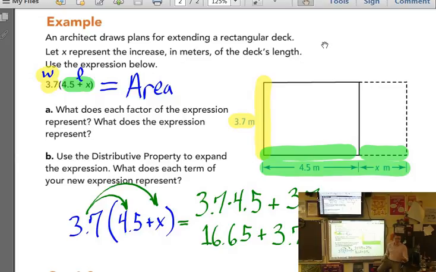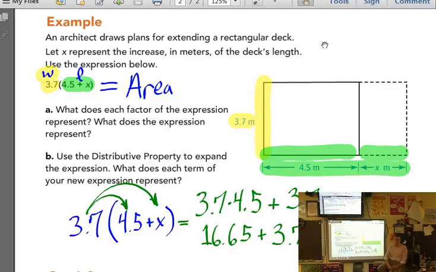So again, this comes back to, I can't add these. I can't find the area until we know how much they want to expand it by. Once we know how much they want to expand it by, then we're good.